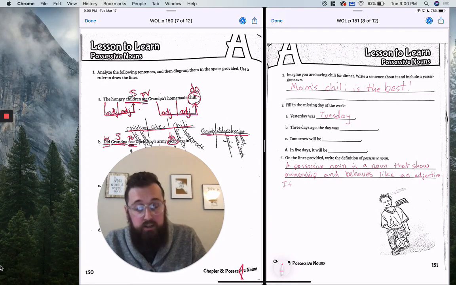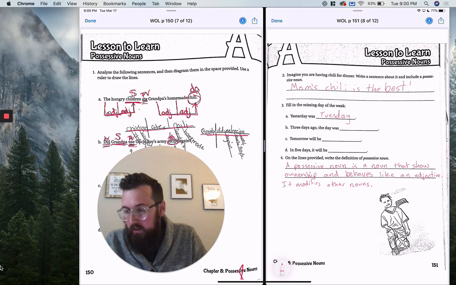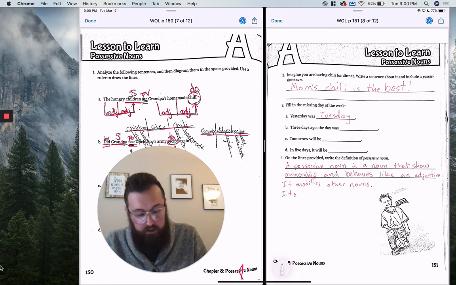It modifies other nouns. And how we tell there's a possessive noun is that it uses an apostrophe and it may use the letter S.